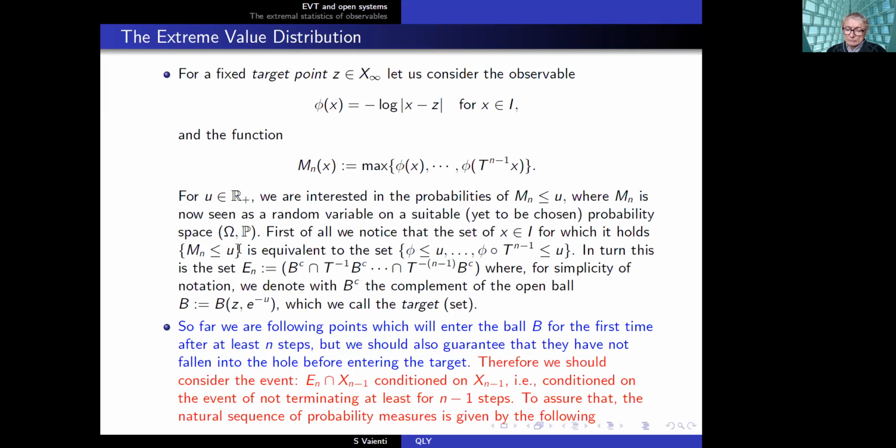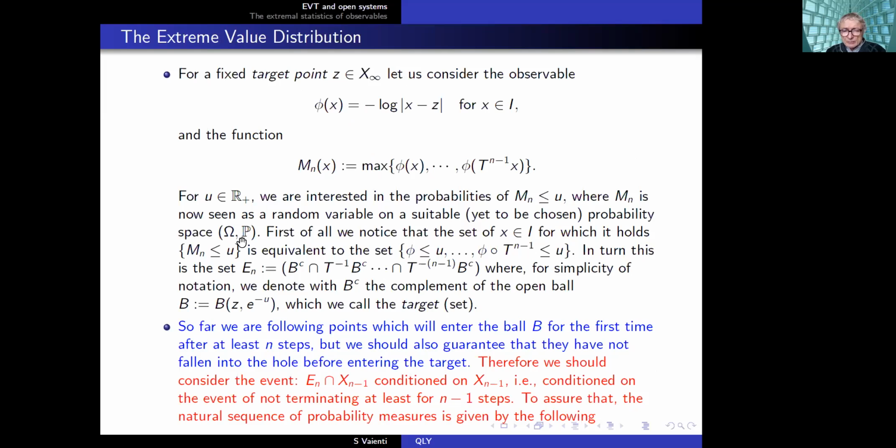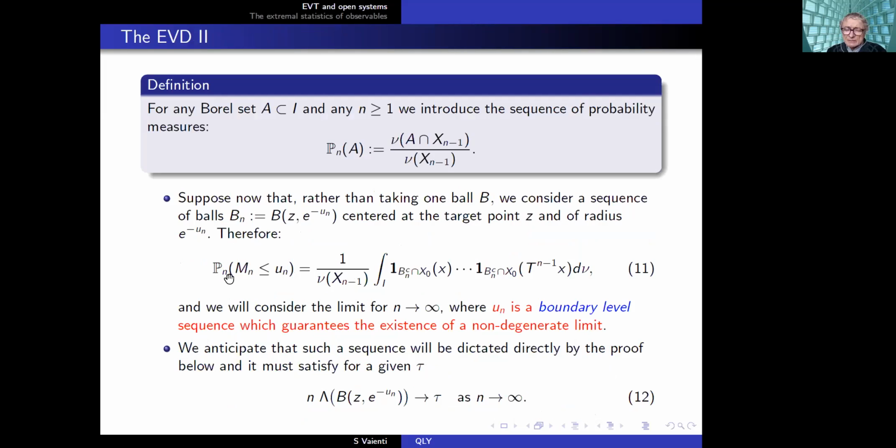If we introduce the measure which is given here, it is straightforward to check that this probability gives us the following formula for the distribution of the events Mn less or equal to Un. For the moment, let's think of Un as a parameter.